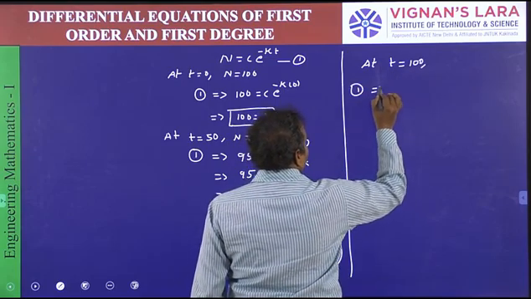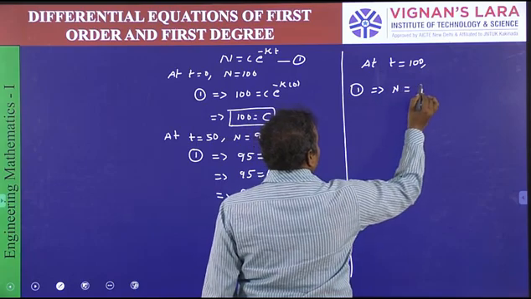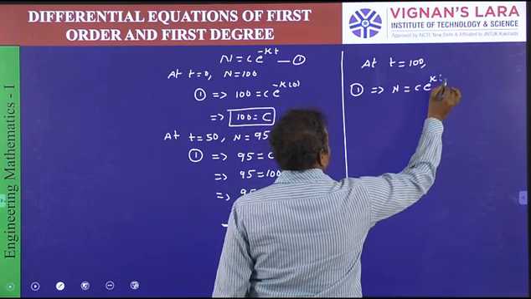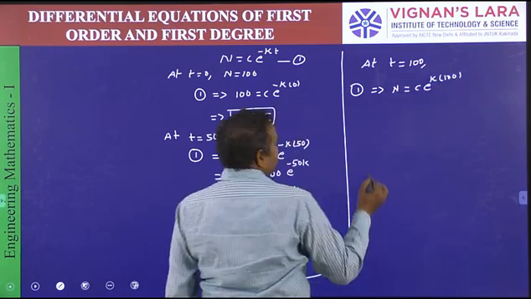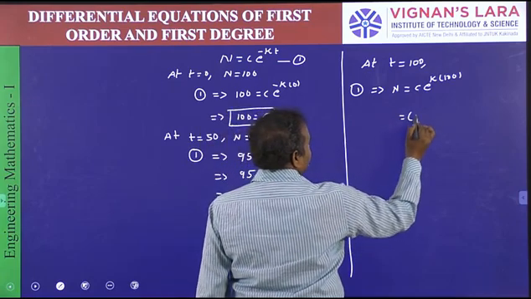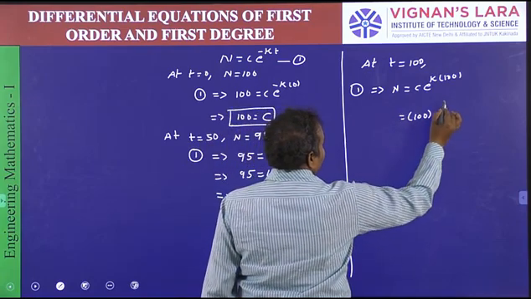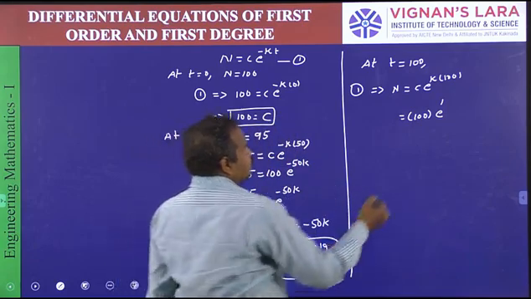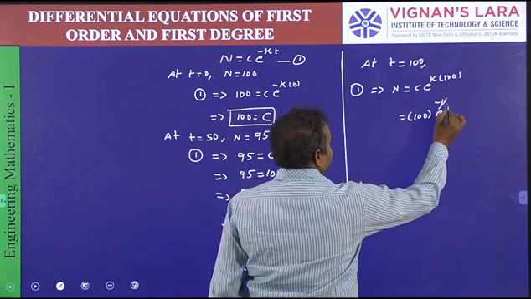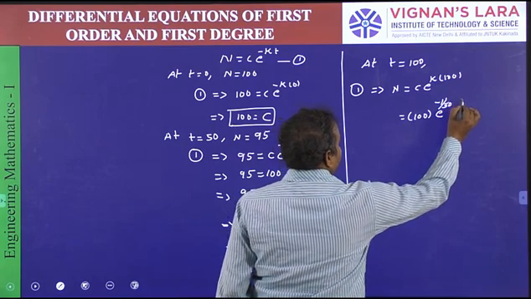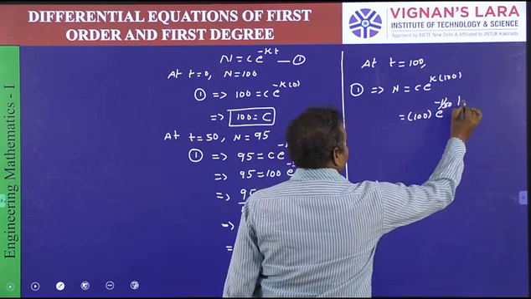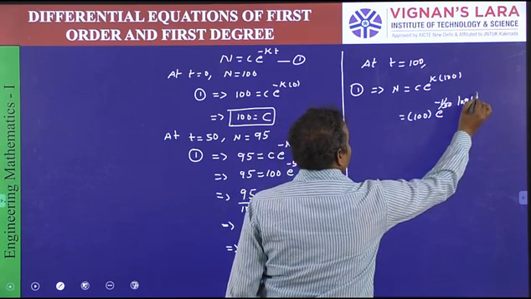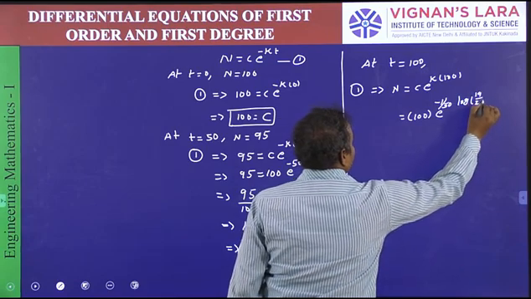From 1, N is equal to C into e power K into T, with T value 100. That is equal to 100 e power K, where K is minus 1 by 50 into log of 19 by 20, into 100.